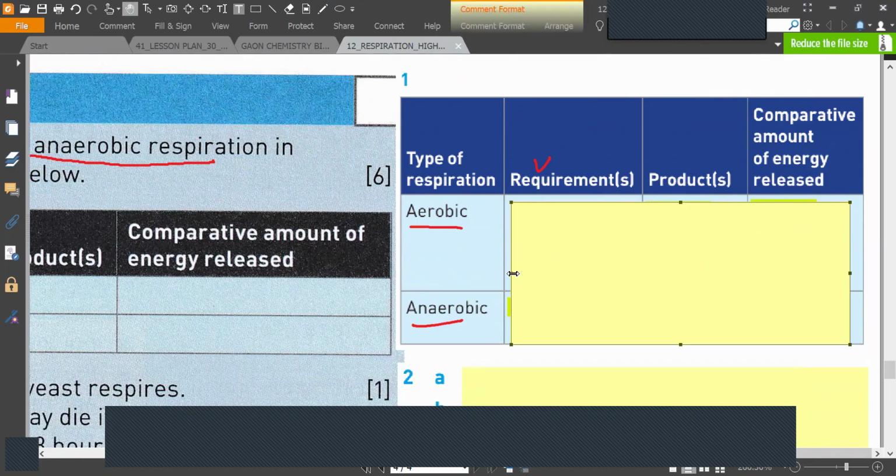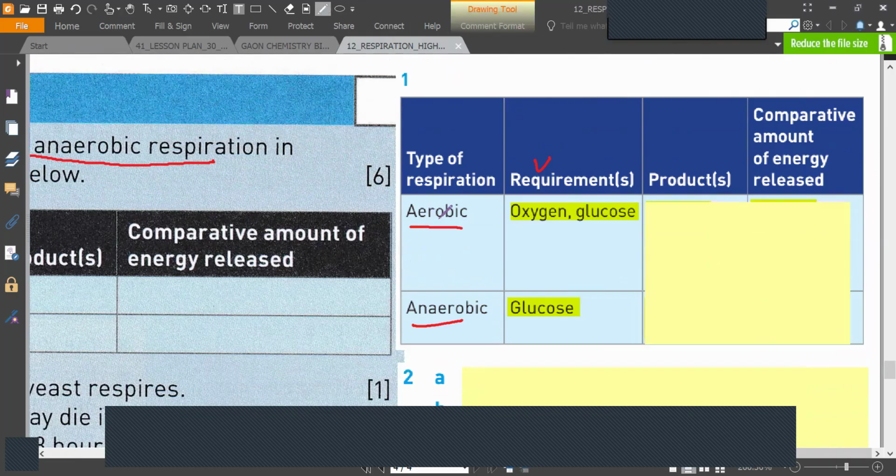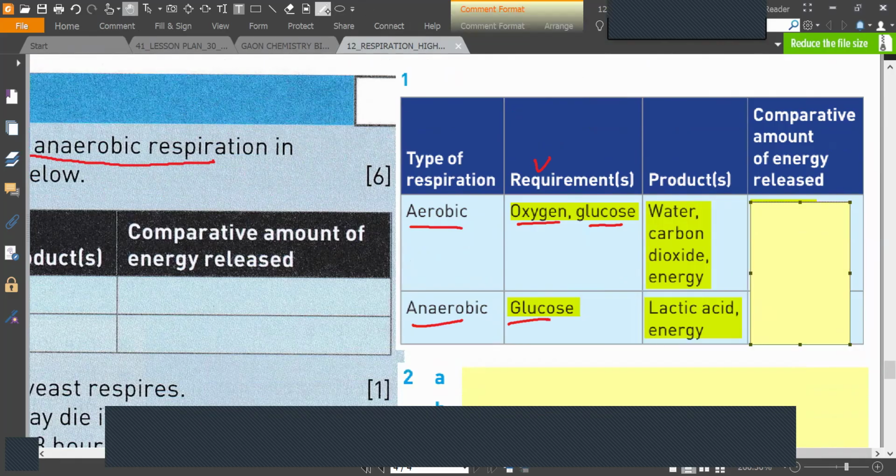Aerobic respiration needs oxygen and glucose. Anaerobic needs glucose only. For products, aerobic respiration produces water, carbon dioxide, and energy.